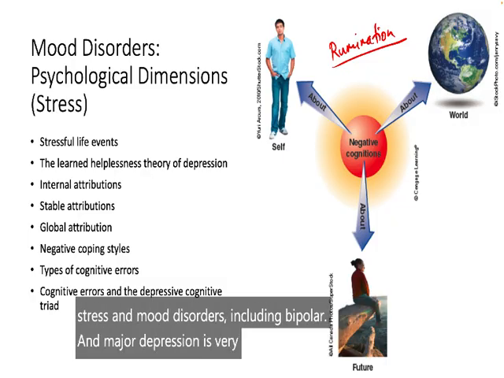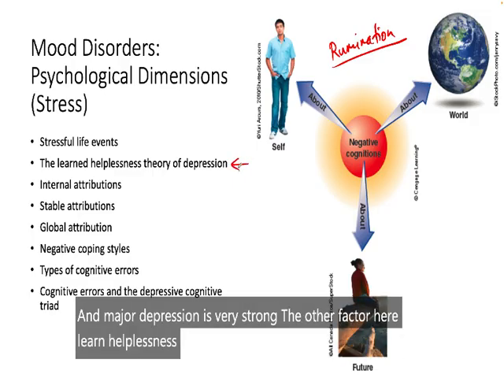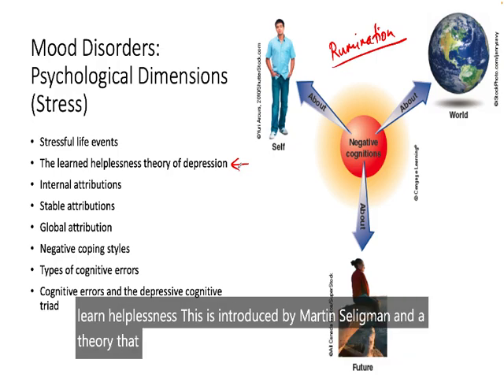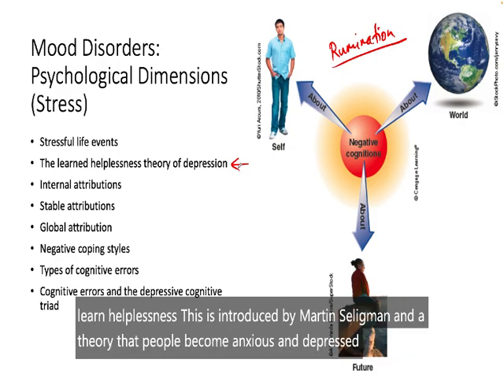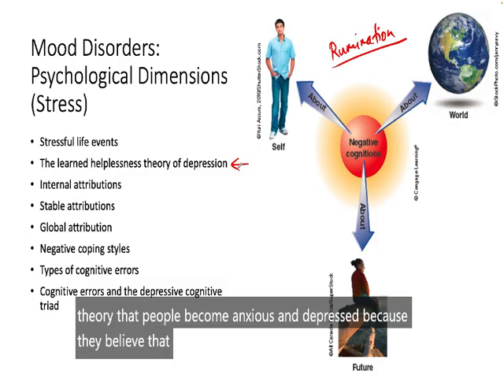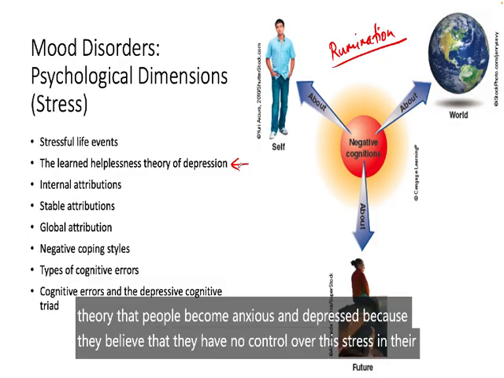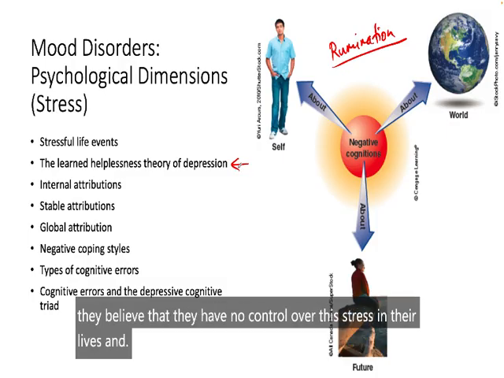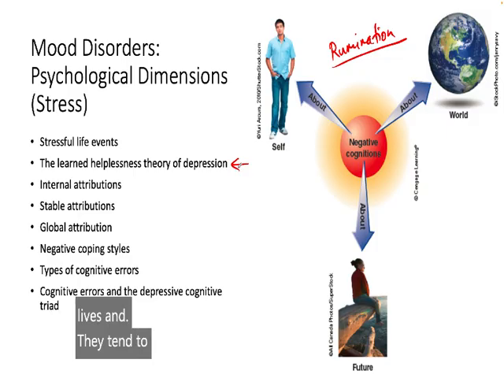The other factor here is learned helplessness. This was introduced by Martin Seligman, a theory that people become anxious and depressed because they believe that they have no control over the stress in their lives, and they tend to develop this sense of helplessness.